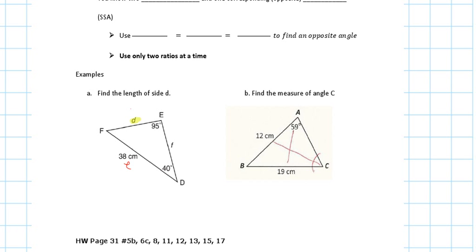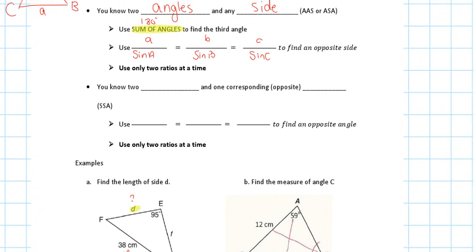In this case, the first thing you have to look at is what is given to me. I know two angles and a side. Since I know two angles and a side, I'm going to have to use this law right here. You see the letters A, B, and C? You can substitute any letter you like. You can use X, Y, and Z if you want, depending on what your triangle is called. It doesn't matter what letter you're using.